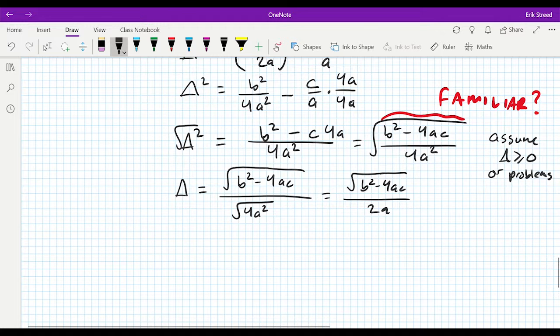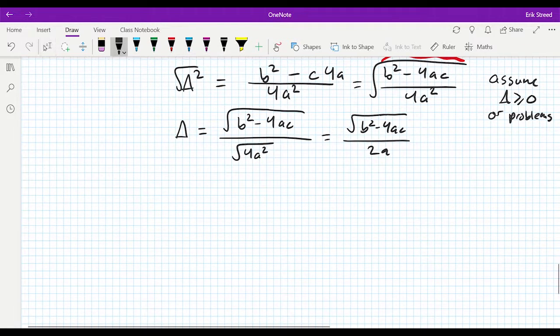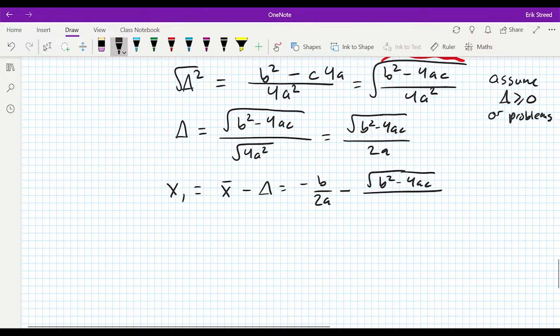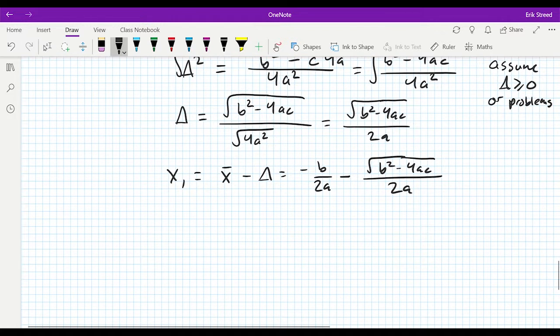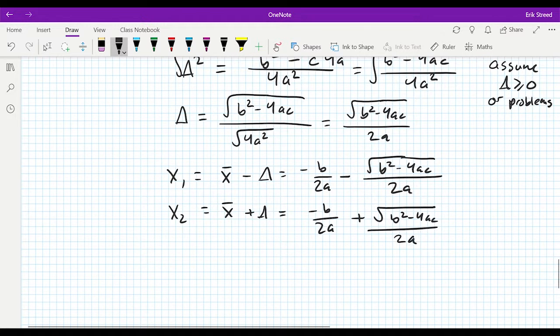And then if we apply that to the bottom for A squared, we've got the square root of B squared minus 4AC over 2A. So now if we think about our solutions, x1 was X bar minus delta. Well, that was just negative B over 2A minus the square root of B squared minus 4AC over 2A. x2, X bar plus delta, is negative B over 2A plus the square root of B squared minus 4AC over 2A.